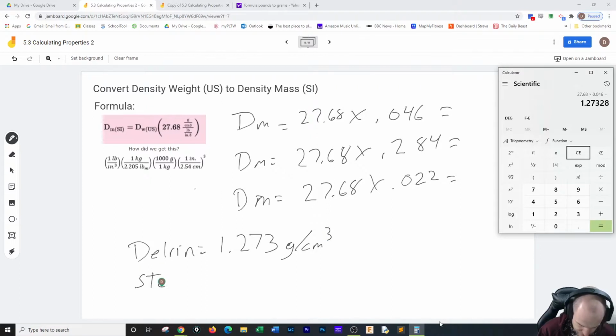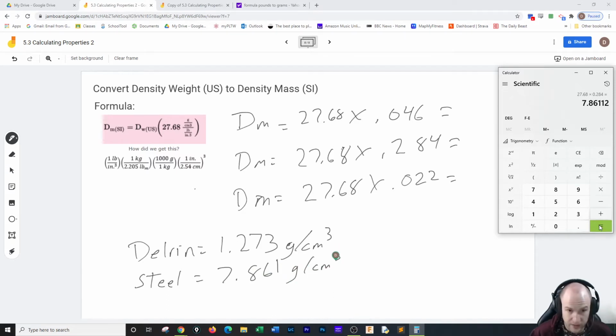The steel equals 27.68 times 0.284, which is going to be 7.86, and we'll go to 1 just to be consistent, grams per centimeters cubed.